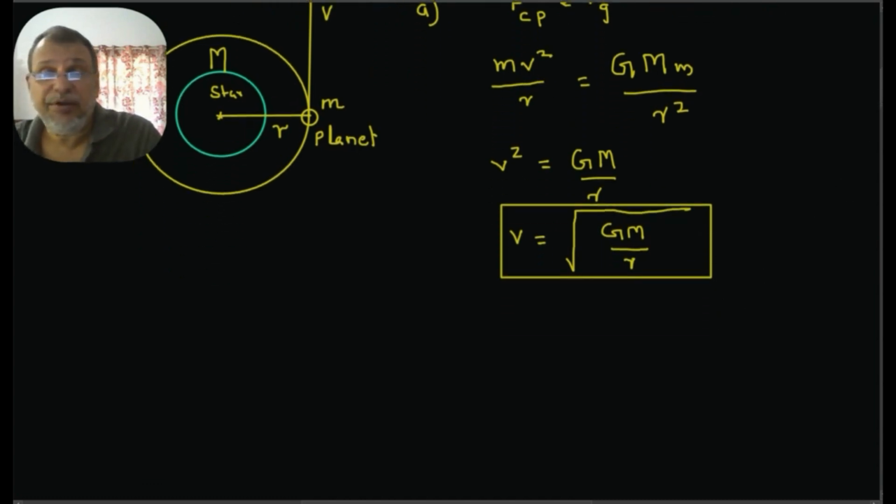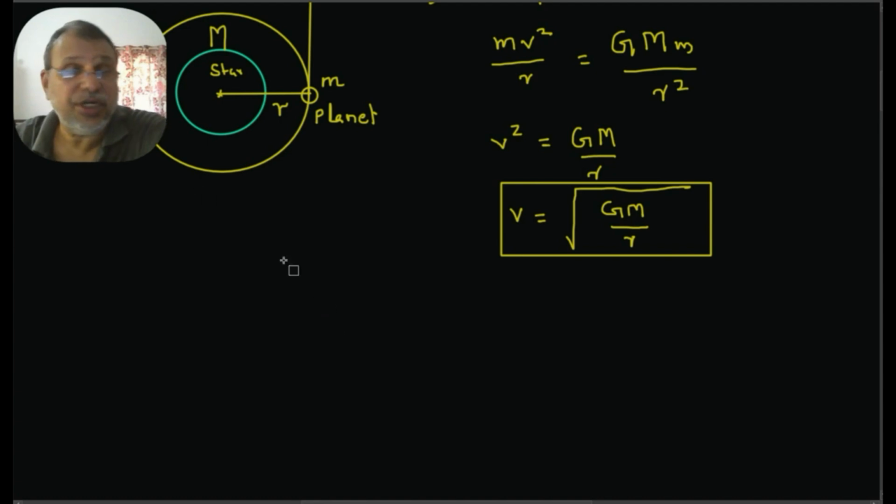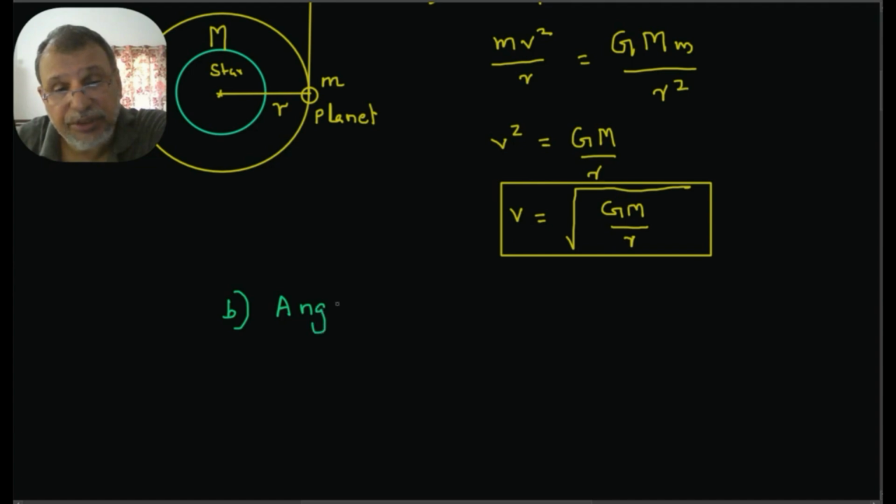We can also get the angular speed. Let's try the angular speed now. Same equations. Take it as B, angular speed. We'll try to work out the angular speed in this case. It's usually represented by the letter omega.